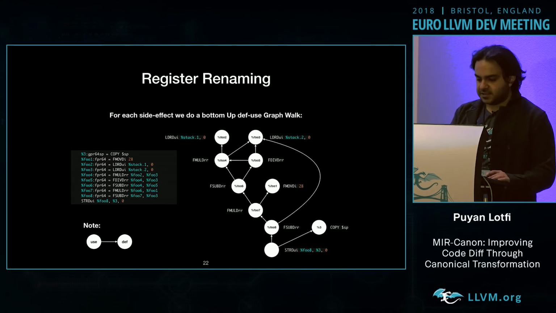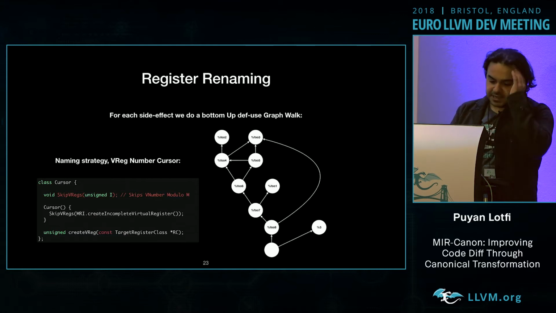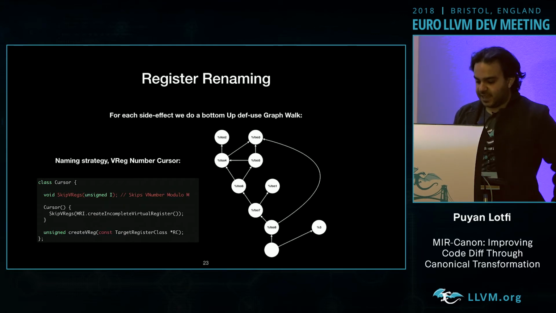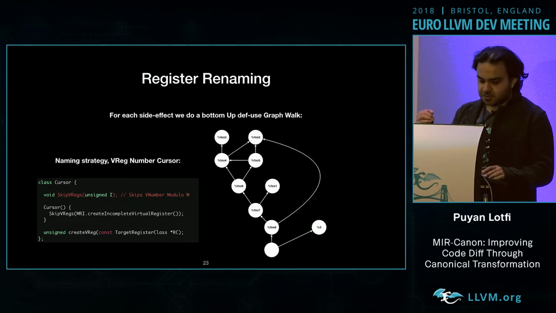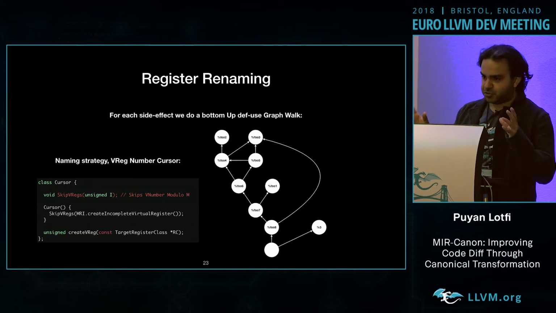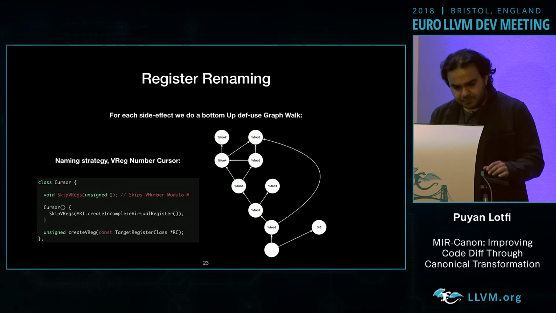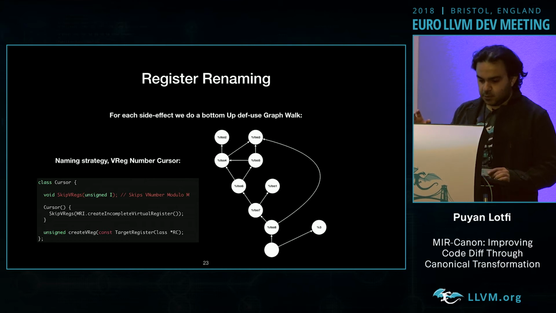As we walk the def use graph, one of the mechanisms we use to keep state is this VREG number cursor. The VREG number cursor keeps the state of the current number for the VREG. This number isn't the actual VREG value, it's just a number that we use as part of a string to rename the VREG. When we instantiate this cursor, we skip a whole bunch of numbers.